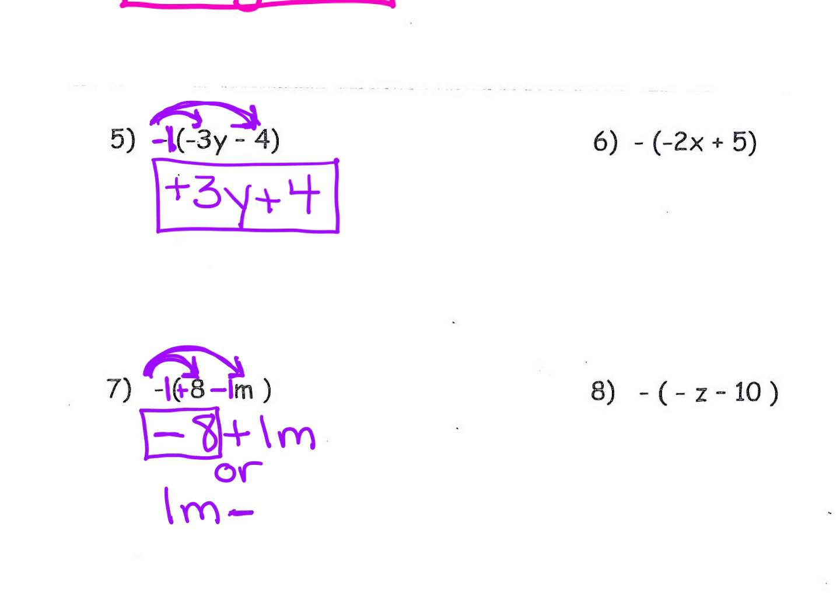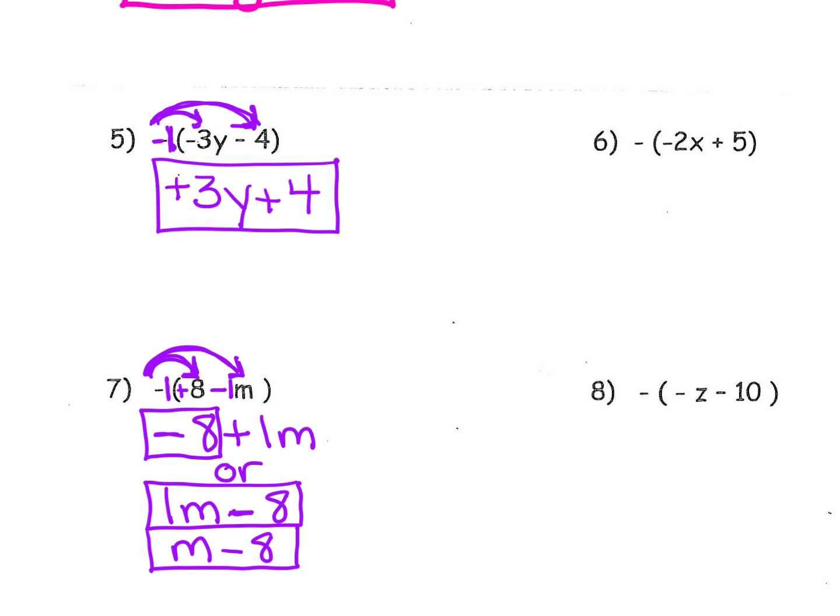The constant is written like that. Either way is correct. This second version happens to be in standard form. And you don't even need to put the 1 there. You could simply write m minus 8. Either way is correct. Now complete problems 2, 4, 6, and 8 on your own.